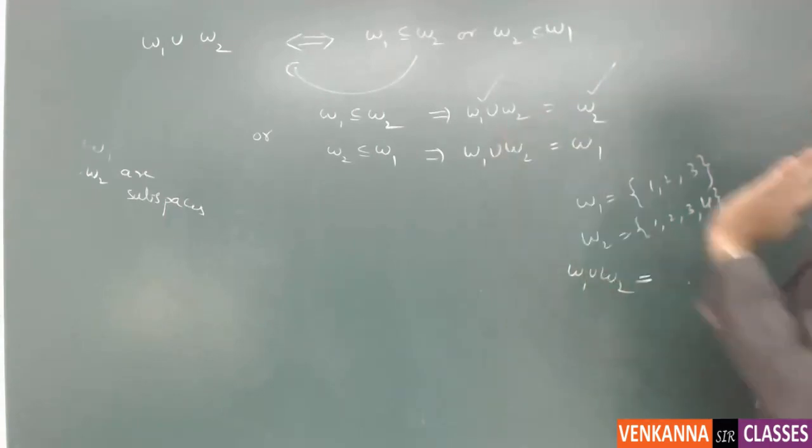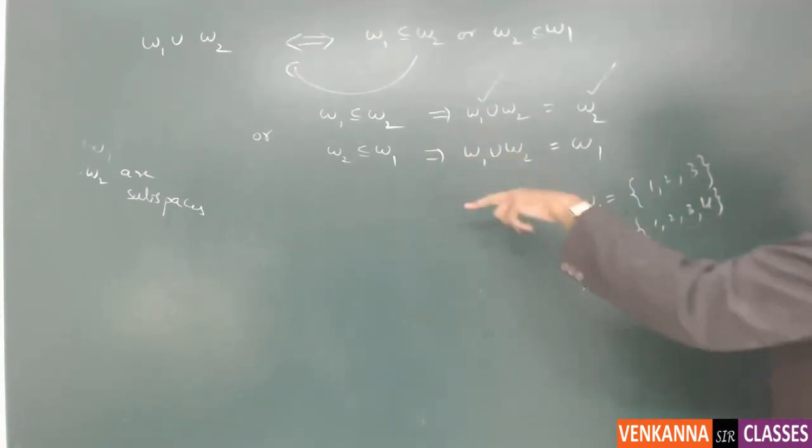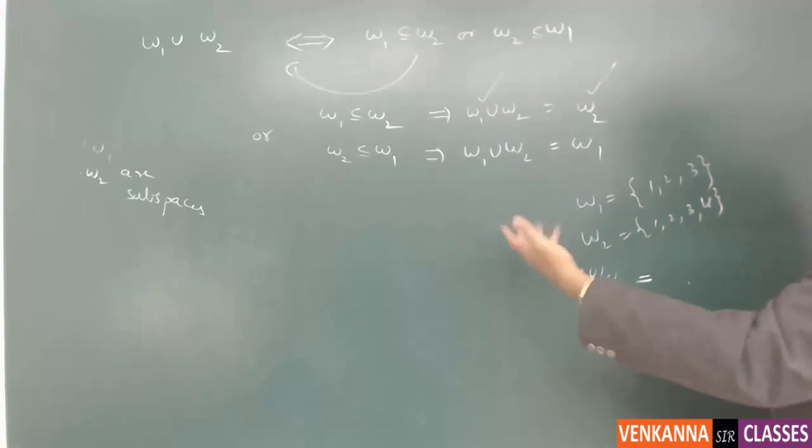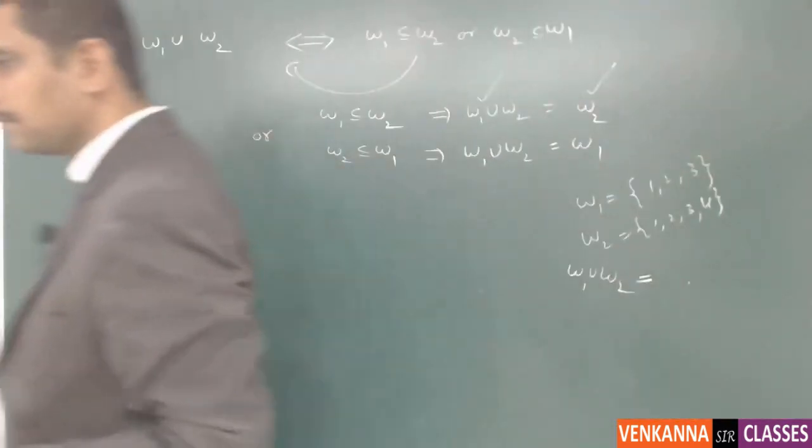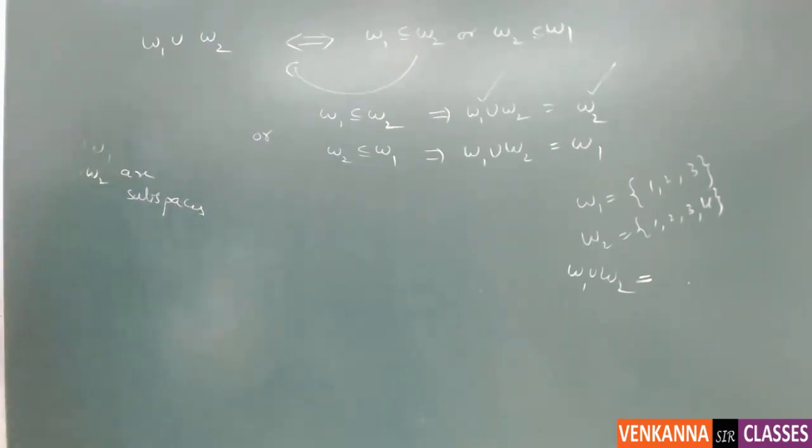Hence the union is a subspace. So whatever case you consider, the union is a subspace by default. Clear? Yes or no? Are you getting the point? Right. Now, one part is clear. Let us go with the other direction. So, what are we going to prove?